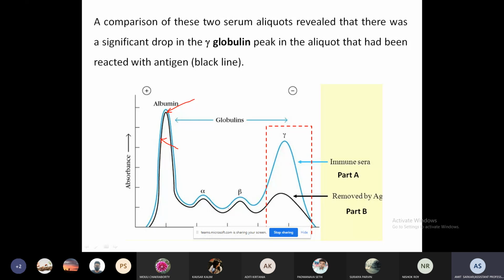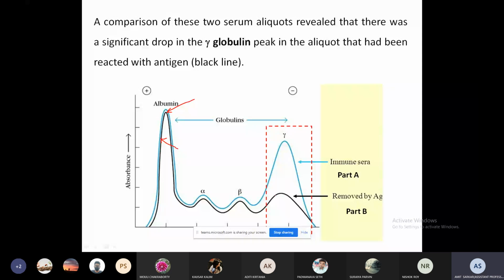Alpha and beta globulin also show the same abundance as in part A. The only dramatic change has happened in gamma globulin. In part A, you see such a high peak of gamma globulin, but in part B you get a very small peak, comparable only to alpha and beta globulin.